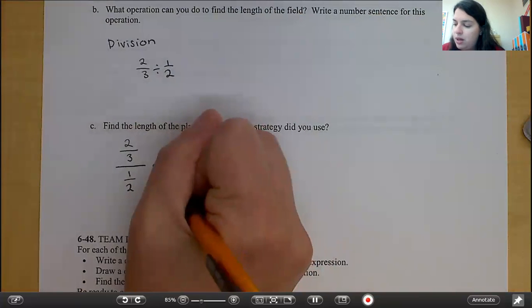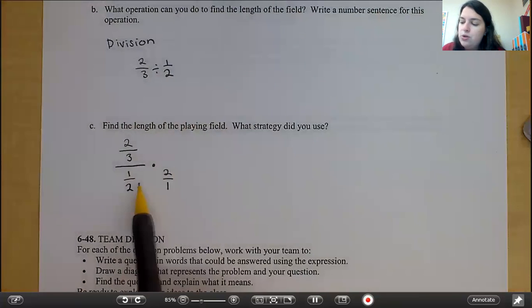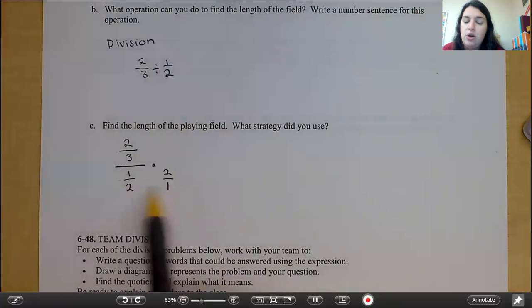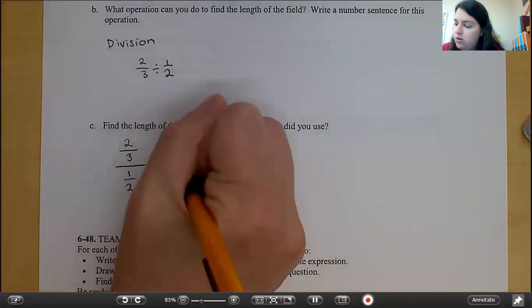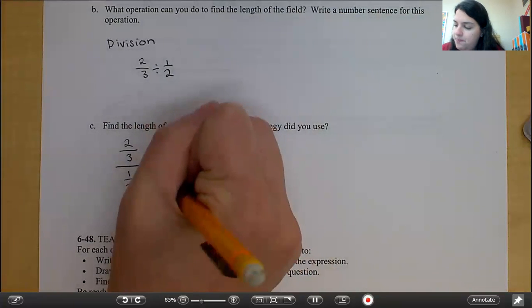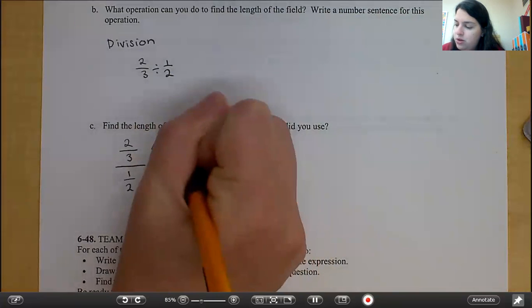So here we need to multiply by 2/1, because what we're trying to do is make our denominator 1. 2/1, and whatever I do to the bottom, I need to do to the top. So this is my supergiant one.